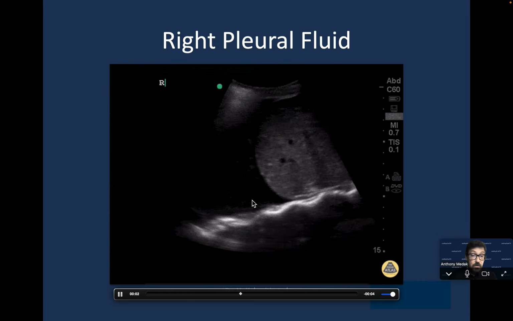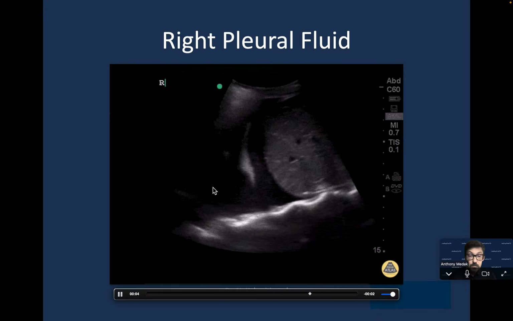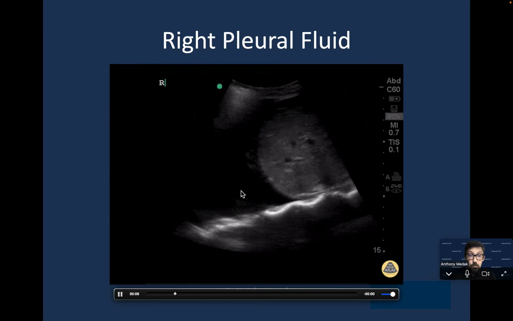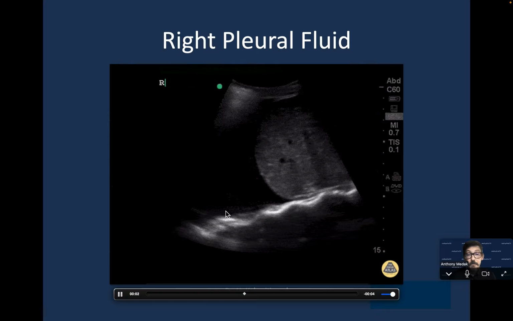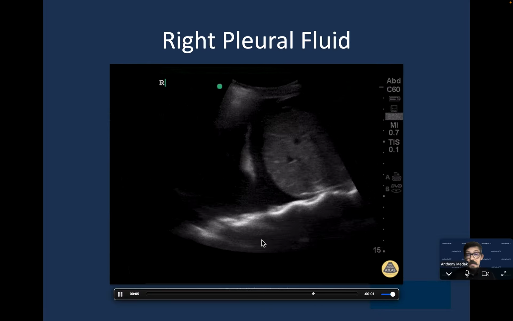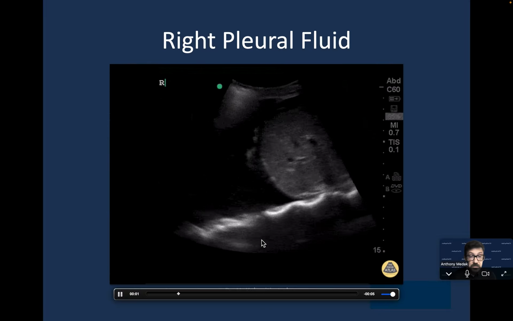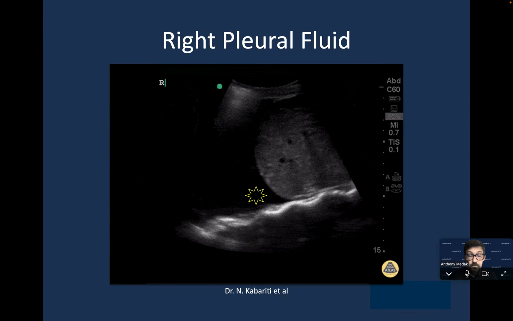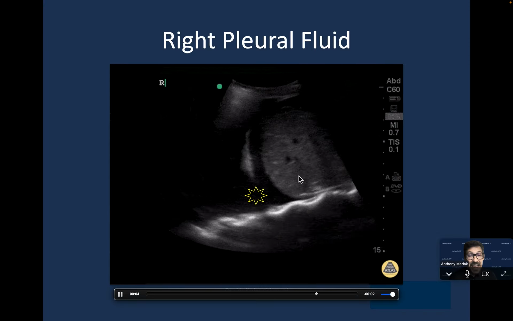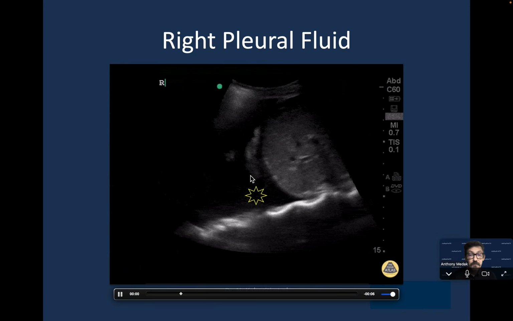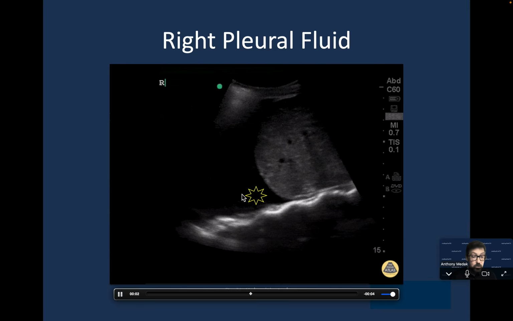In a trauma scenario, this would be a whole lot of blood, and the patient would be very unstable. So this is realistically more like a pleural effusion in the setting of a large pneumonia or perhaps a malignancy. So this lack of mirroring indicates that you have pleural fluid where one shouldn't.